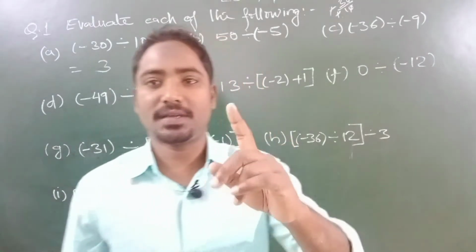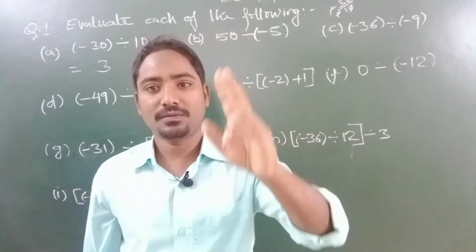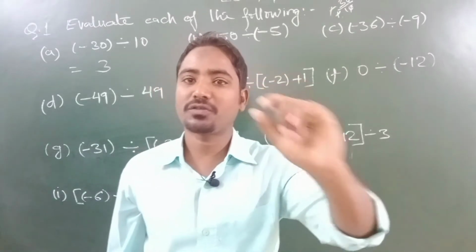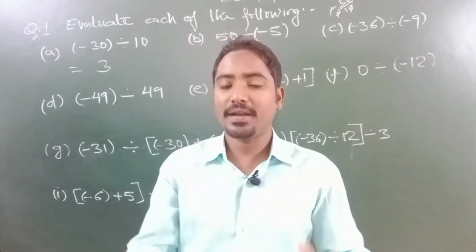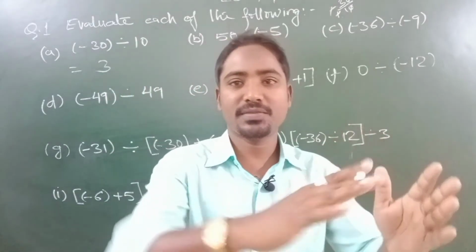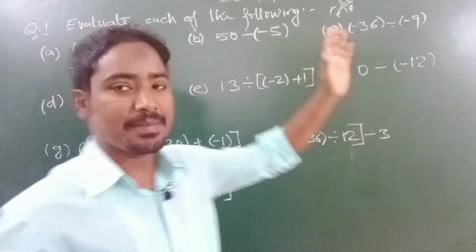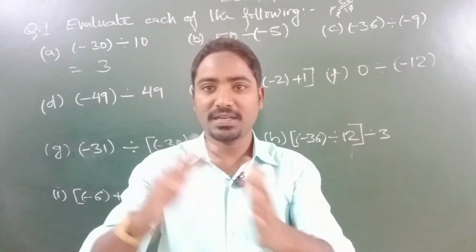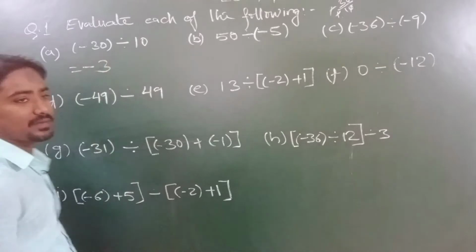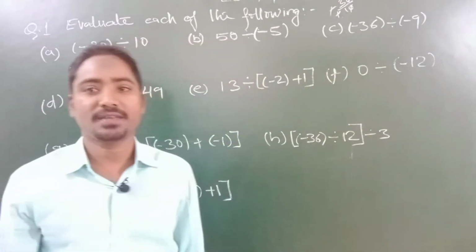So when the numbers have the same sign, you get only a positive result, and when the numbers have different signs, that is, one positive and one negative, then only you get a negative result. Since here we have different signs, minus 30 and 10, minus and plus after dividing will give minus in the result. So after dividing minus 30 by 10, you will get minus 3.